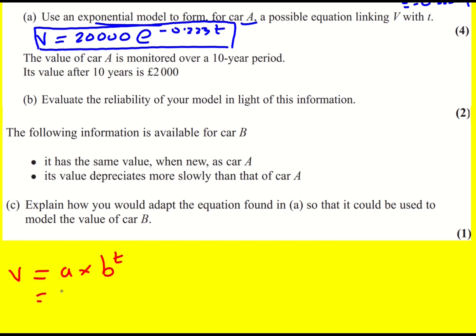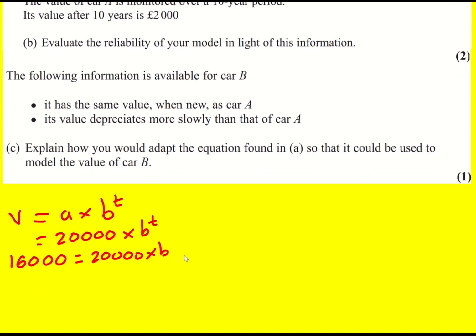I'm still going to get a is 20,000 when I substitute t equals 0 in, but it's like a different exponential now. If you substitute 16,000 in, we just get b here. So there's no k or anything. And then b is actually going to be 16 over 20 or 4 over 5. You get quite a neat answer. It's going to be 20,000 times 0.8 to the t.